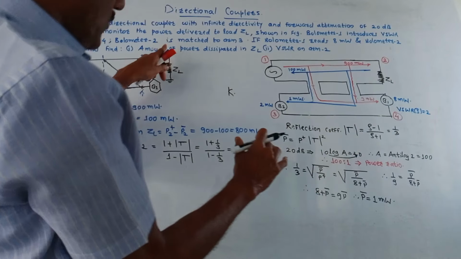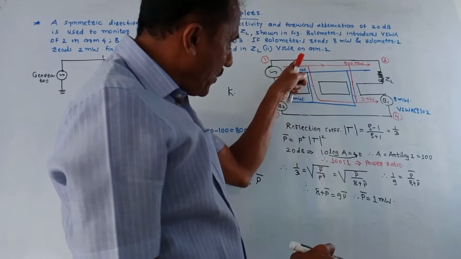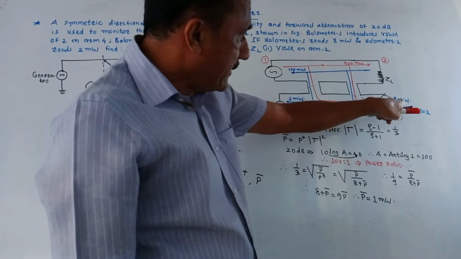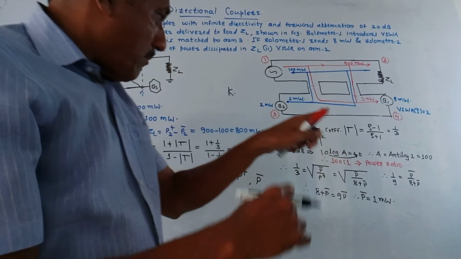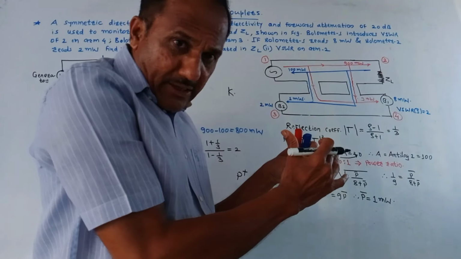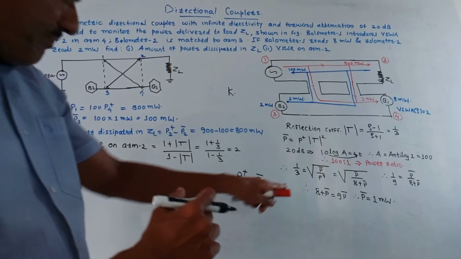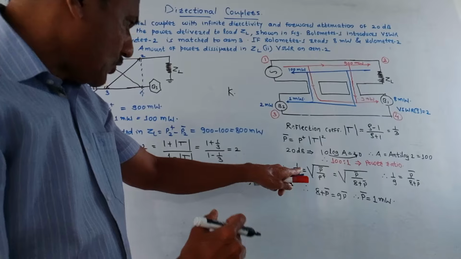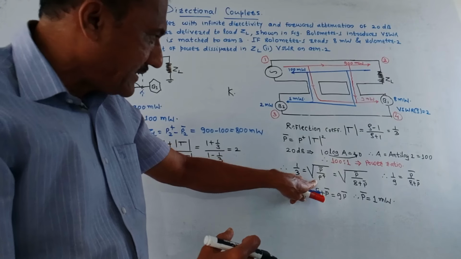Incident power is forward power and reflected power. Now refer to the question. This bolometer 1 reads the forward power. This bolometer reads 8 milliwatt, but there is always a reflection. So see, 1 by 3 is the square root of P minus upon P plus.